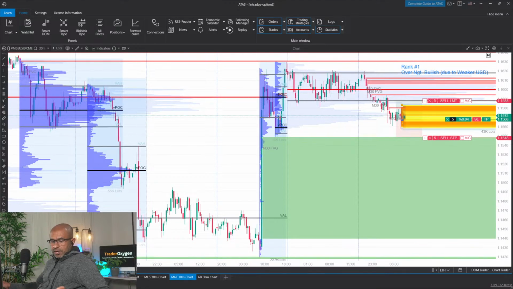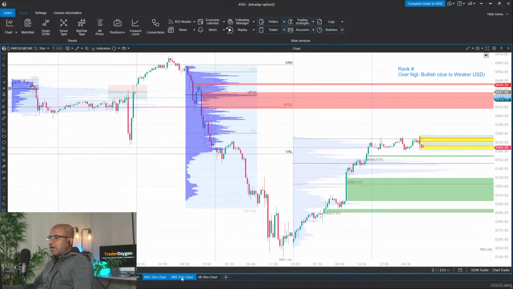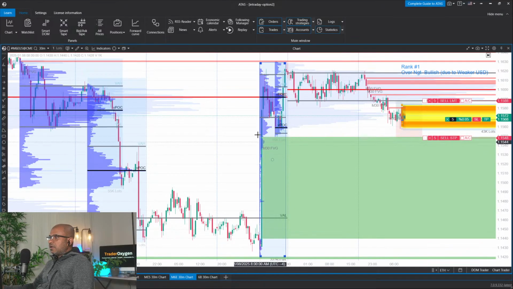And then talking about this trade again, you can see compared to MNQ and MES, you got a comparatively reasonable, bullish market structure in Euro FX futures, which is this chart.